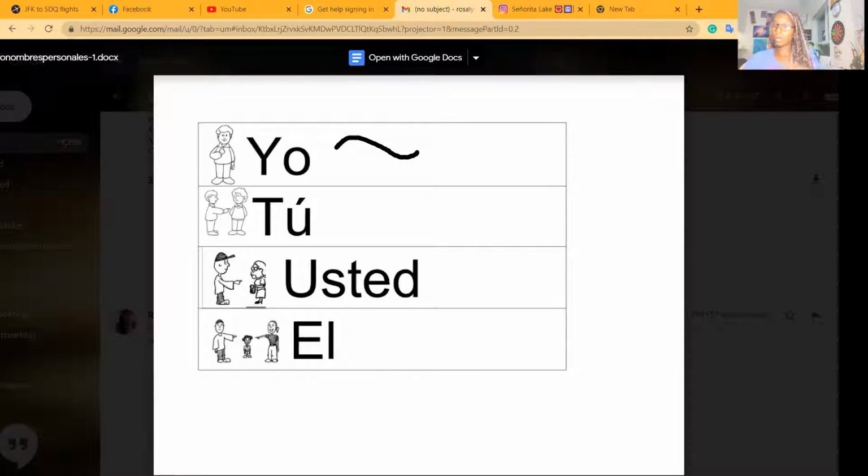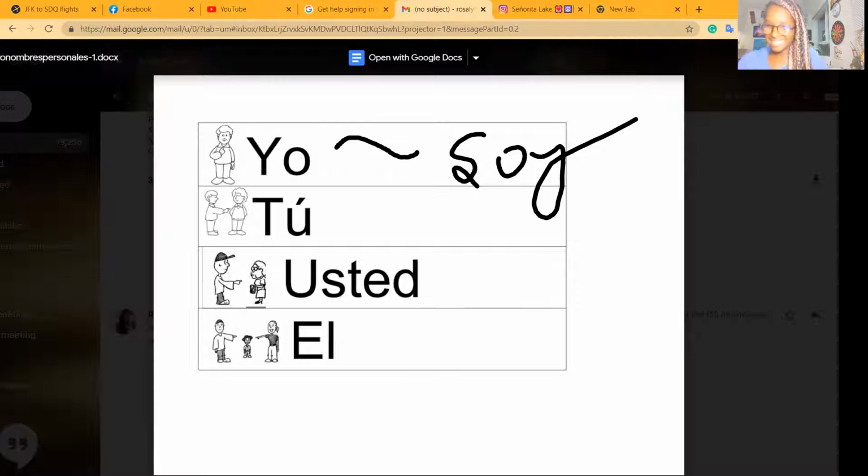When you want to say I am in Spanish, you don't just say yo. You say yo soy. That means I am. Yo soy. That is, to me, the strongest phrase in any language. Yo soy. I am. Okay?